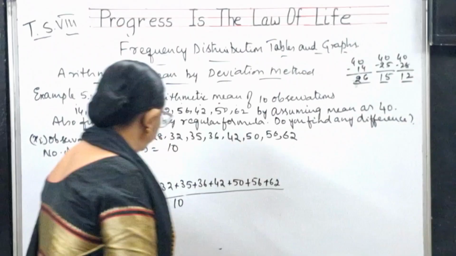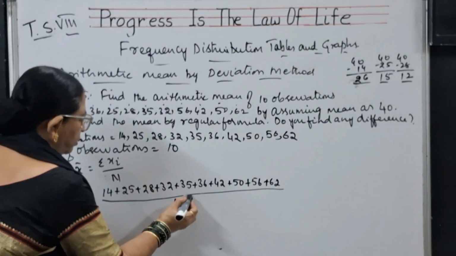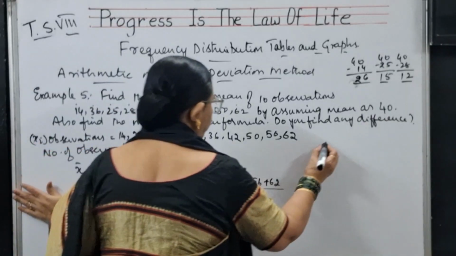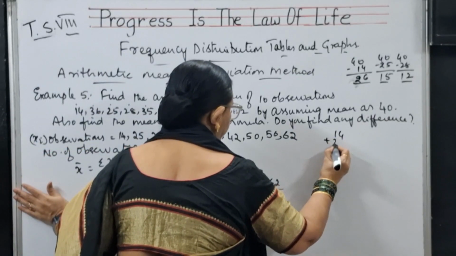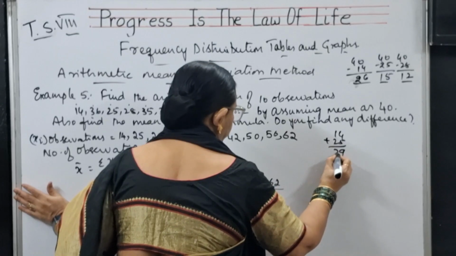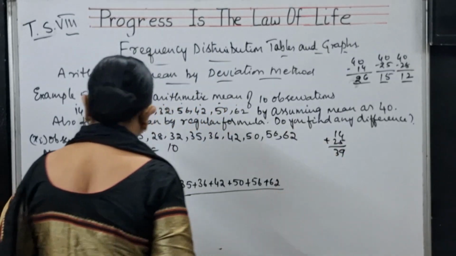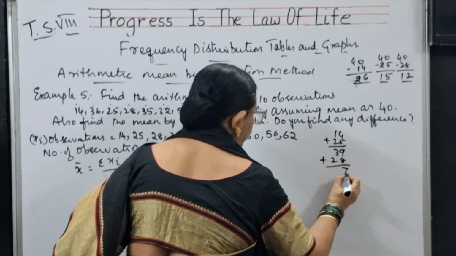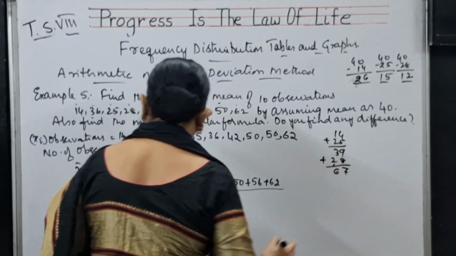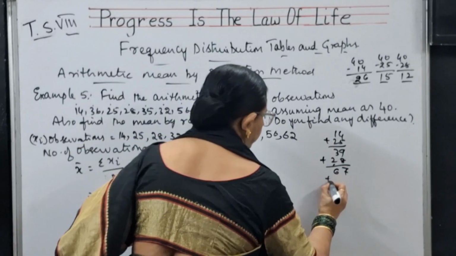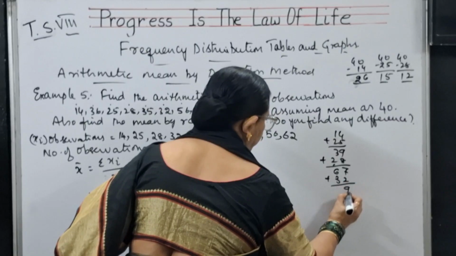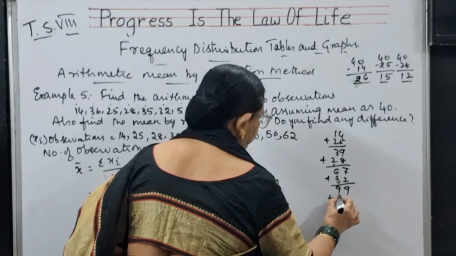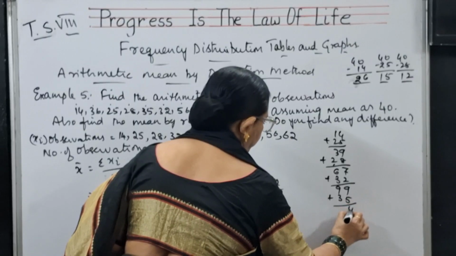Now let us add all these values. 14 plus 25 is 39, 39 plus 28 is 67, 67 plus 32 is 99, 99 plus 35 is 134.